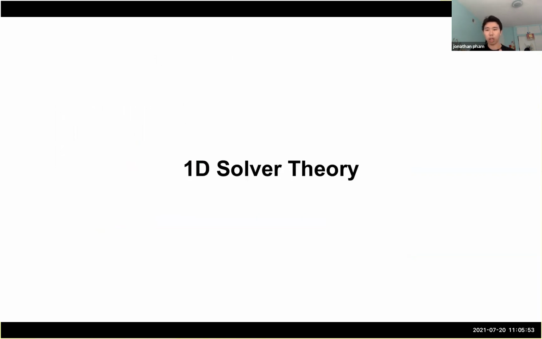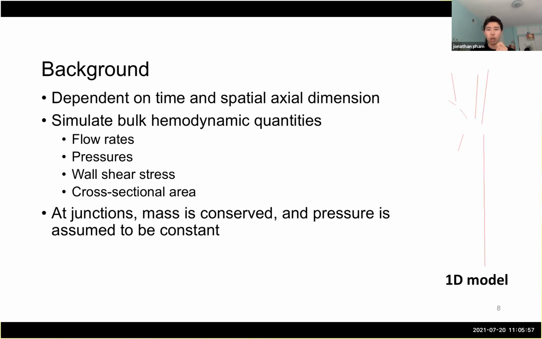So now let's quickly talk about the theory of 1D models. As mentioned earlier, 1D models have only a single spatial dimension, the axial dimension along each vessel branch. These models are of course time dependent. Again, 1D models can simulate bulk hemodynamic quantities such as flow rates and pressure, but they can also simulate wall shear stress and cross-sectional area.